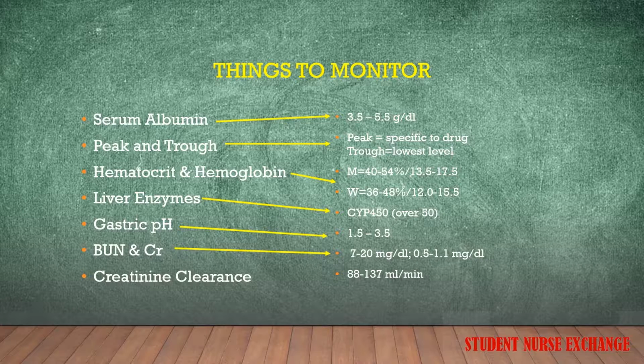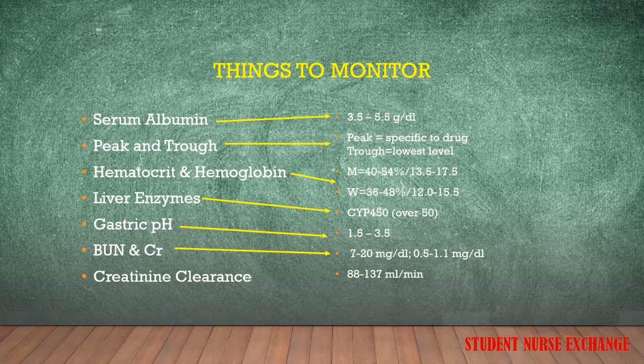BUN and creatinine, normal 7 to 20 for the BUN, 0.5 to 1.1 for creatinine. The higher those levels go up, that means the body is not eliminating those components, so the kidney function is altered in those patients. So the higher those numbers go, the less kidney function or less efficient kidney function that patient has.